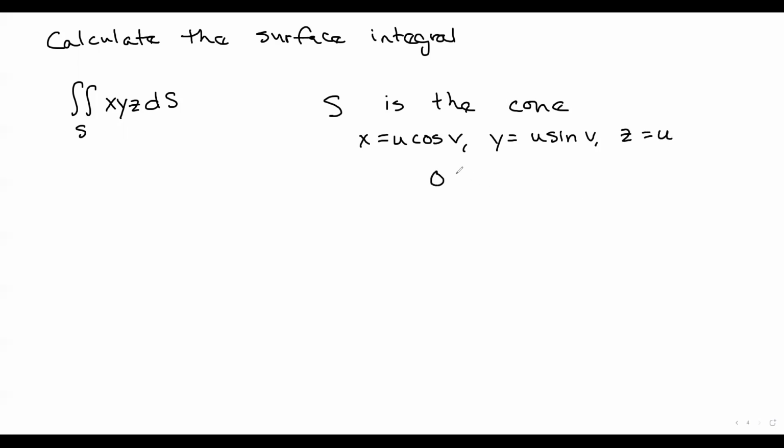They also tell us that u varies from 0 to 1, v varies from 0 to pi over 2, and that's it. That's the information they give us.